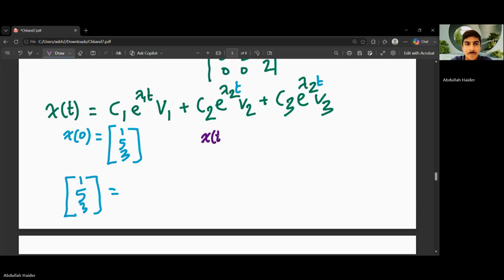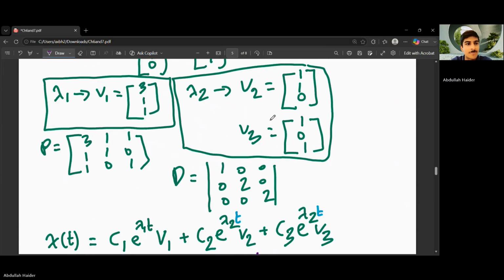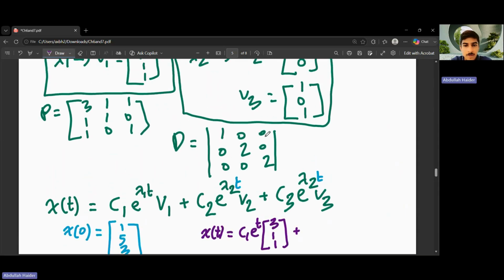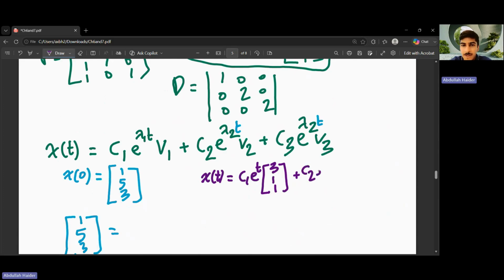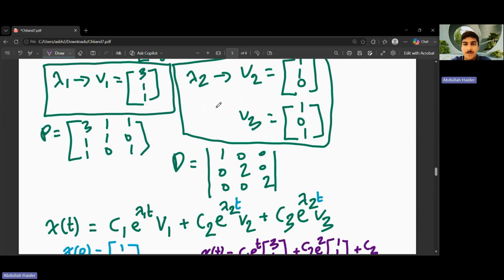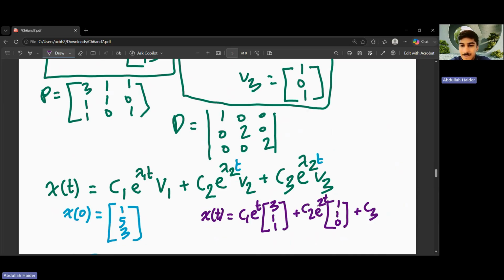Our x(t) is C1 e^t times V1, which is (3, 1, 1), plus C2 e^(2t) times V2, which is (1, 1, 0), plus C3 e^(2t), since 2 is repeated, times V3, which is (1, 0, 1).